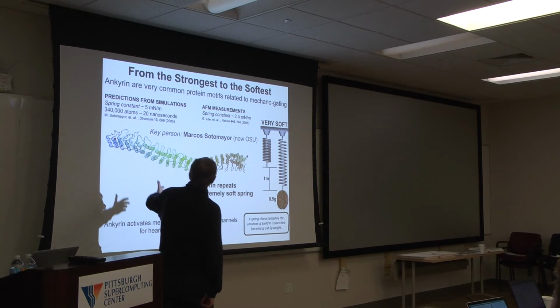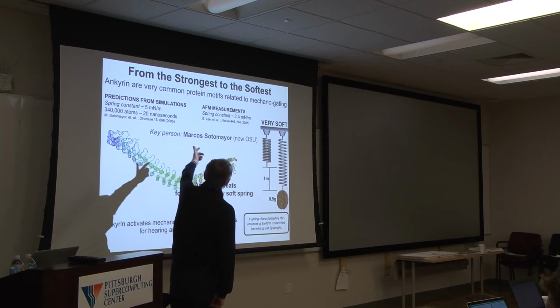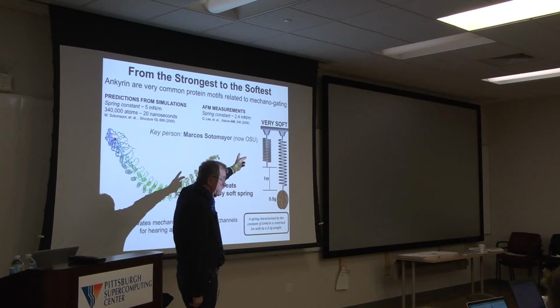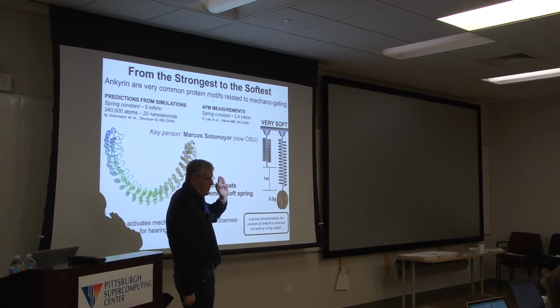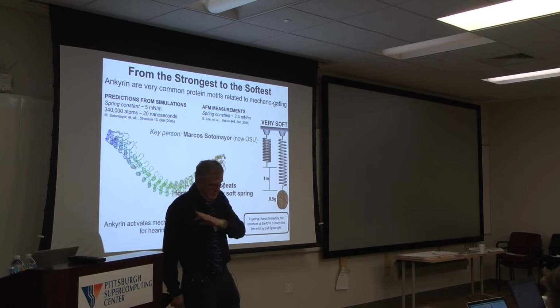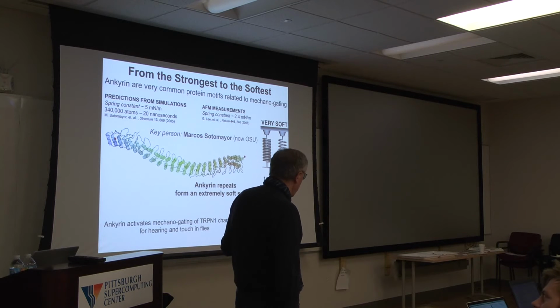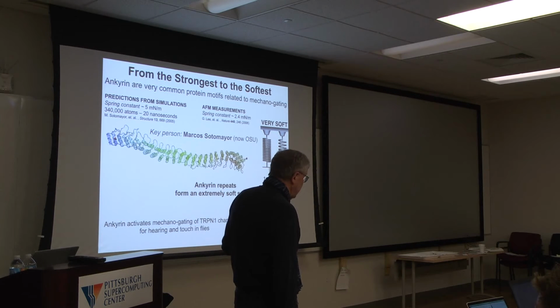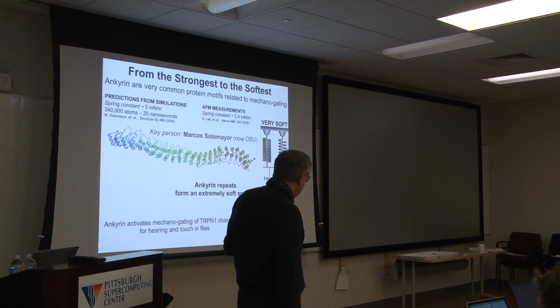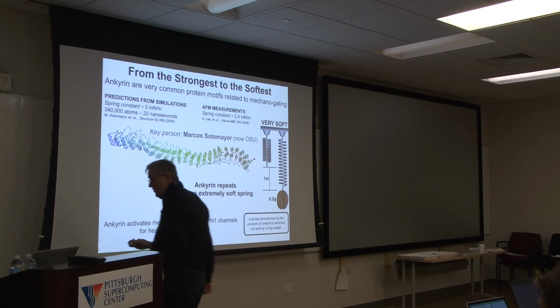We calculated the spring constant, and it was within a factor of 2 of the experimental one. Now this is a very, very soft spring constant. It was 10 times, 20 times smaller than people ever expected it to be. Many people thought it's actually 50 times higher. So we found a very, very soft spring constant, and the experimentalists found it later.